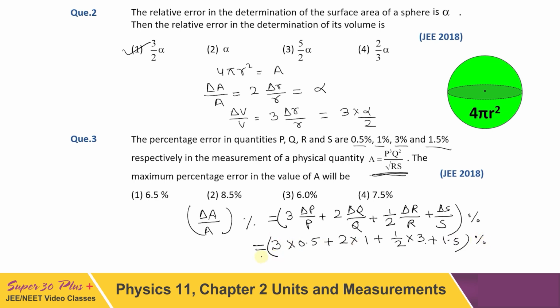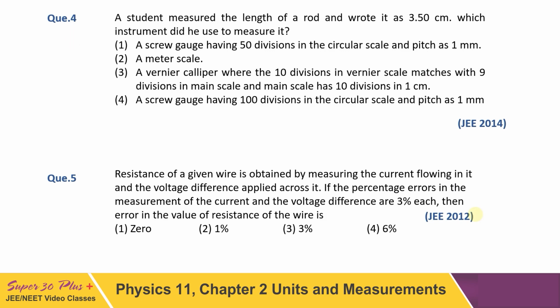If you add up the values, this will come out as 1.5% plus 2% plus 1.5% plus 1.5%. That is equal to 6.5%. So first option is correct. Now this is question number 4. A student measured the length of a rod and wrote it as 3.50 centimeter. Which instrument did he use to measure it?